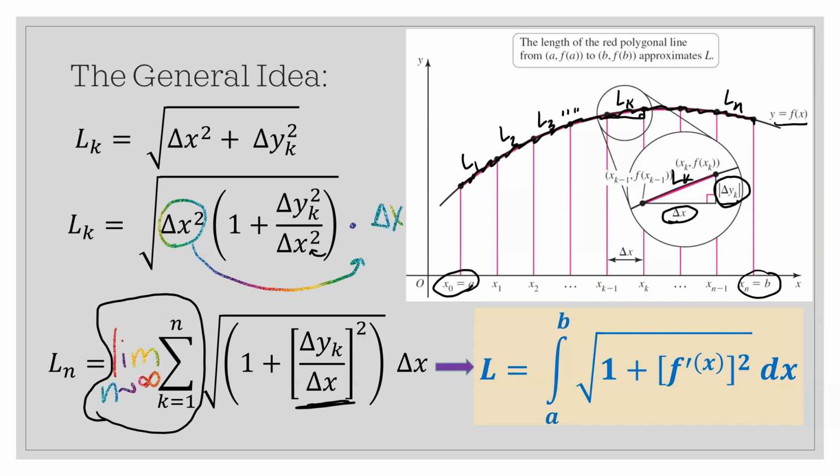The slope of a function is a derivative, and a derivative squared is what we have there. So that is the equation for finding the length of a curve: the integral from A to B of the square root of 1 plus the derivative squared dx.